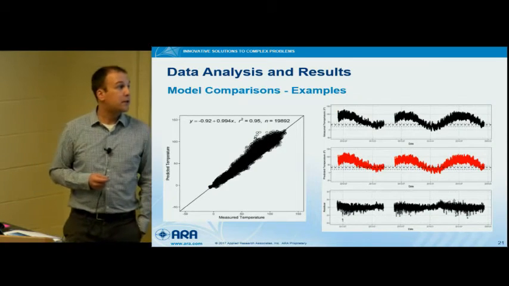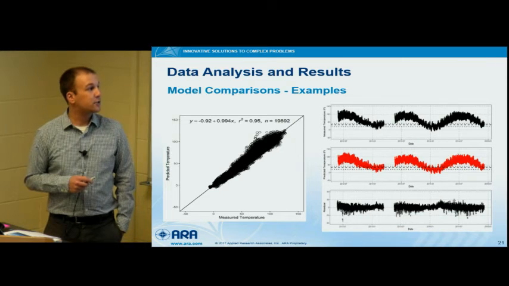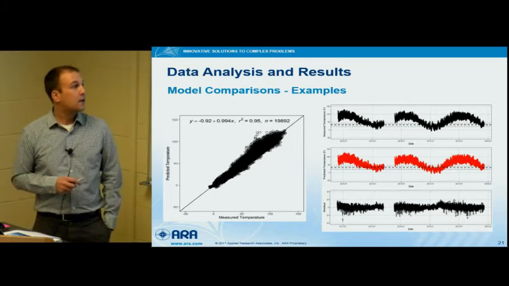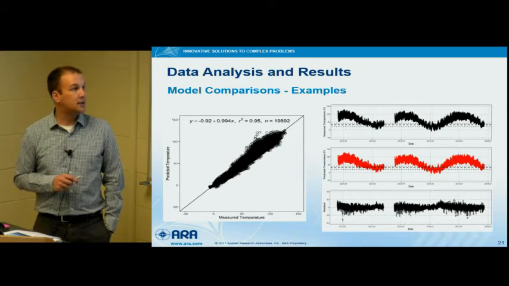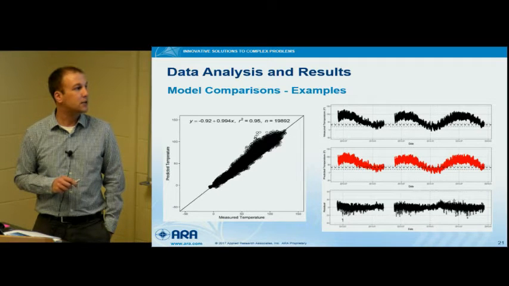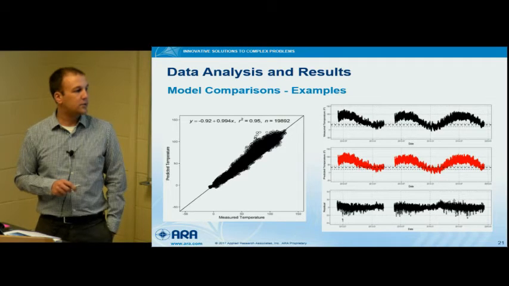When we compared these values, it's still very similar results. You see a pretty good comparison between the predicted and measured. This is not the same site as before, so it's a little bit different. More data, 19,000 data points. But the trend still is the same.